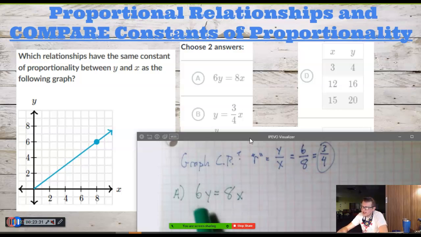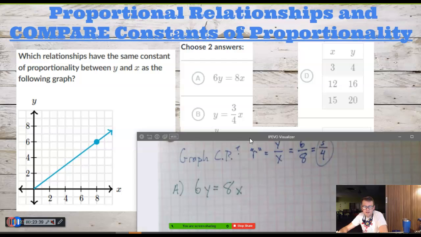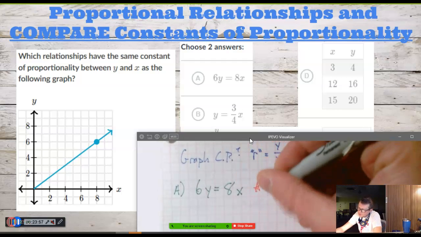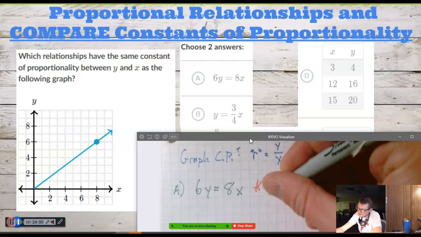What did we say must be true about our y for us to look at the constant of proportionality? What did we say needs to be true about the y? Natalie? I can't tell if that's a hand or what you're doing. Oh, you're good. Sorry, I just looked up and I thought you were raising your hand. What we said about the y is we need to have only one y, right?